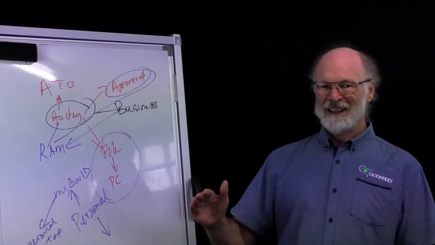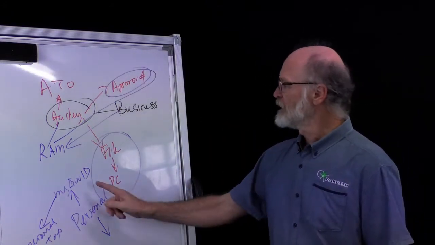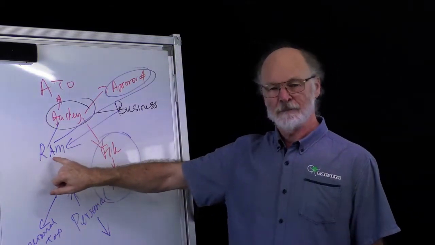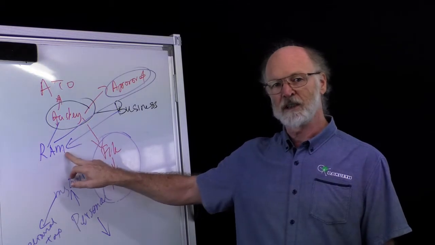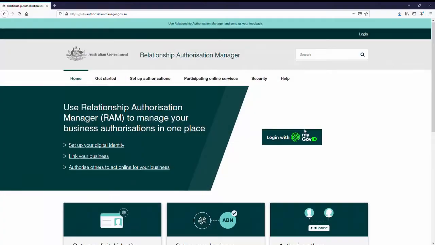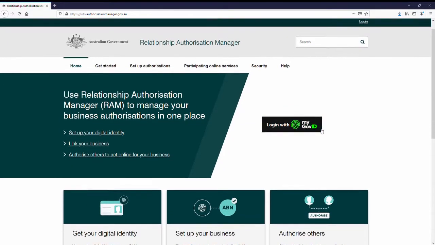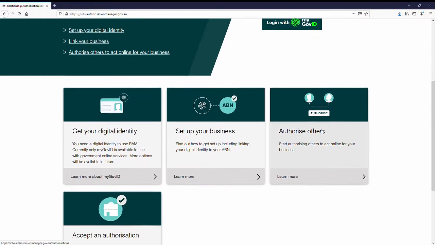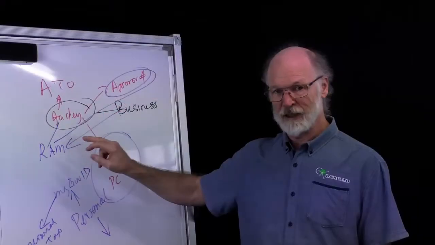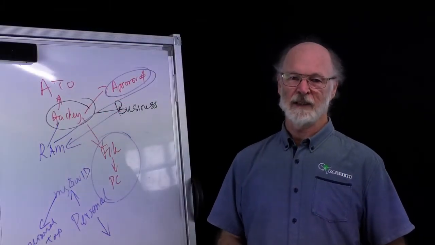Now, once myGovID is set up, the next thing that we need to do is for the business to authorise that person on behalf of the business to access the government resources in RAM, Relationship Authorisation Manager. And that is definitely a business component, and that must be part of the business and stays that way.